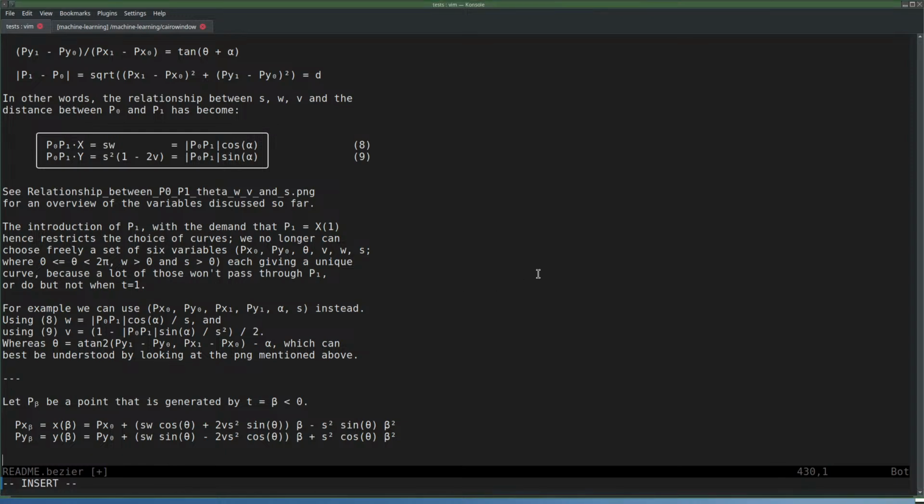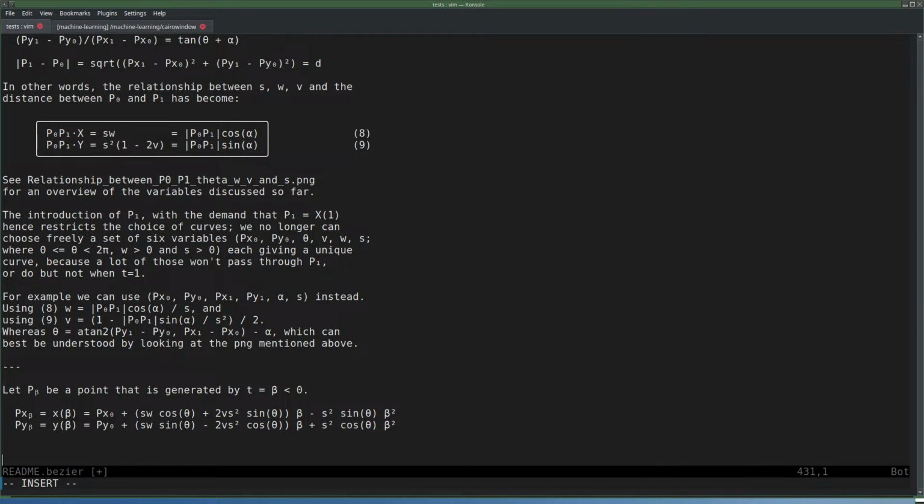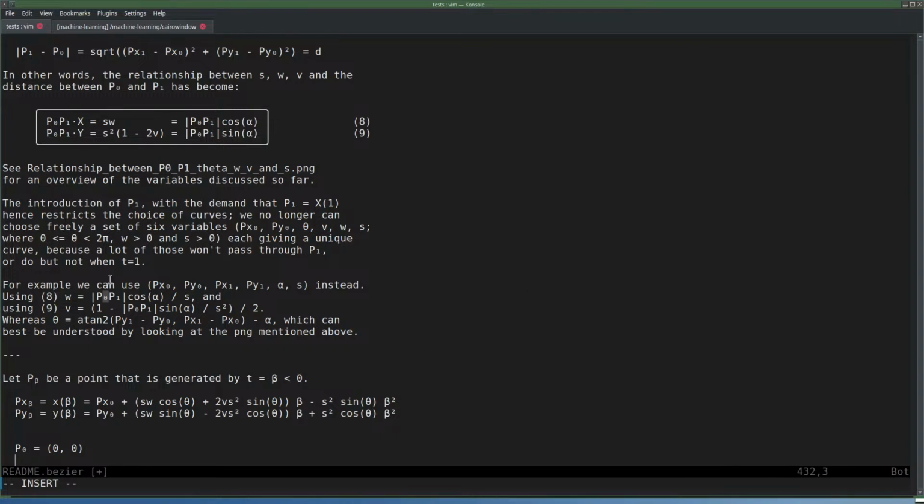So I have now a point P0 at 0, 0. Going to repeat that. I just got rid of P0. This P0 here is 0, 0. And then we have a P1 which is at 1, 0, but then rotated.